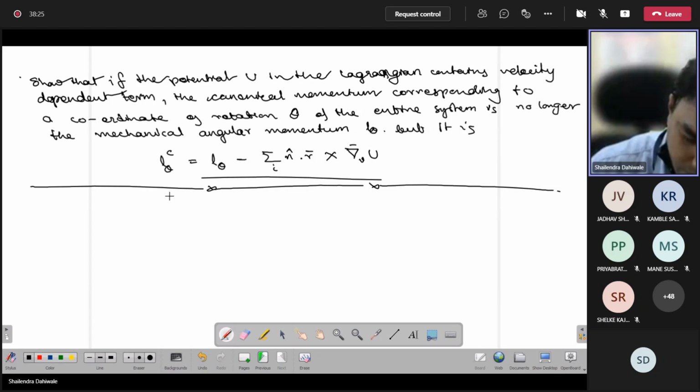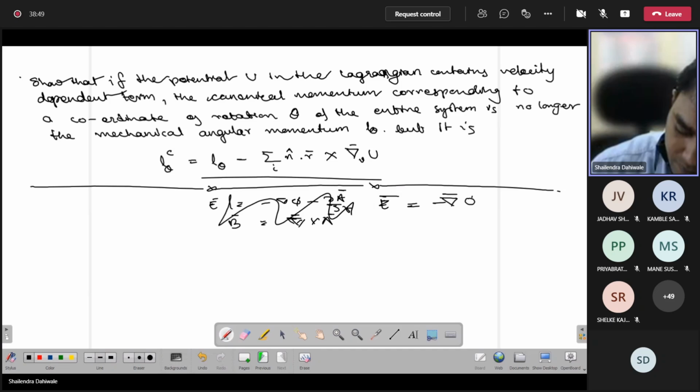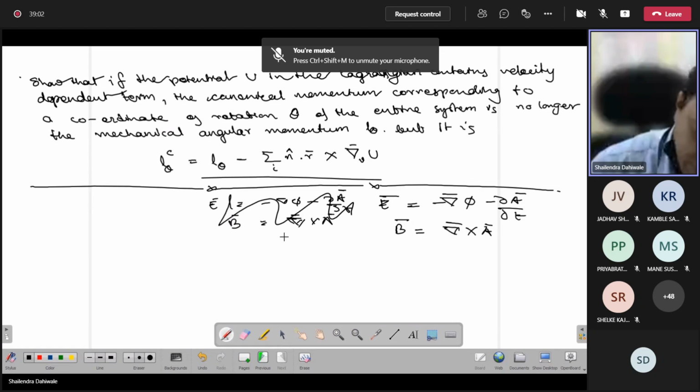What we were doing yesterday was we used E as minus grad phi minus del A by del t, and B as del cross A. We have tried this.